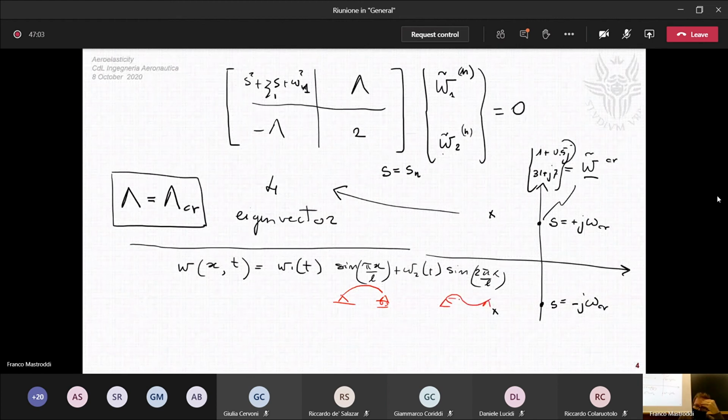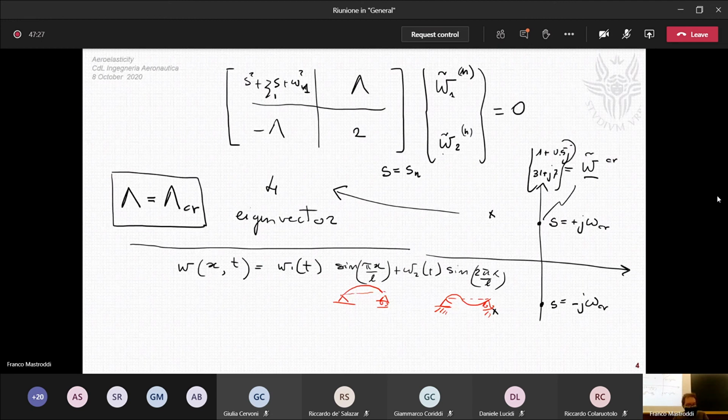When I say mode shape, I'm talking about structural mode shape, of course, the good part of the operator of the plate, the structural part associated to conservative force. So the solution is a combination of time functions multiplying these 2 shape functions, this and this.